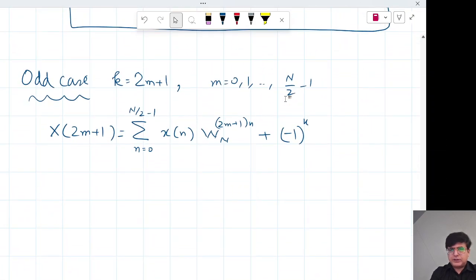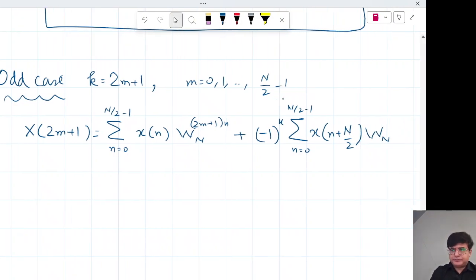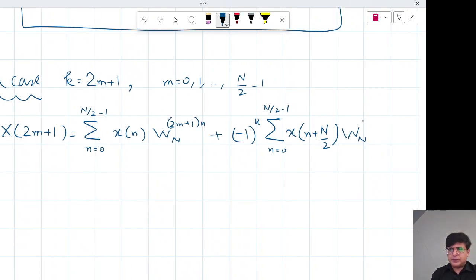So n goes from 0 till N over 2 minus 1. You have X of n plus big N over 2, and then you have W subscript N to the power kn, which is 2m plus 1 times n.